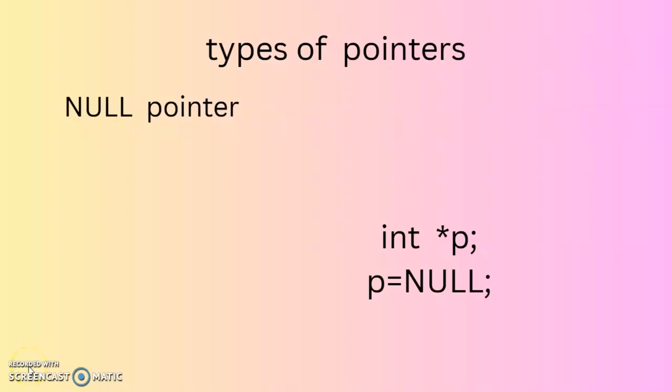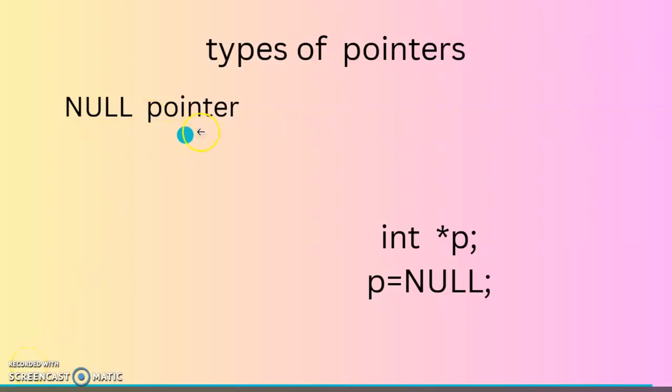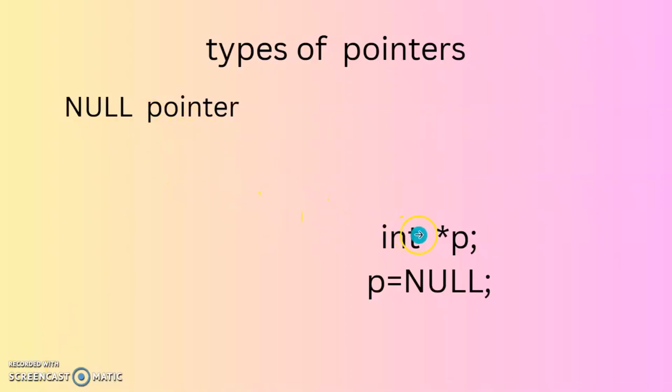Next, we are going to see null pointer. So what do you mean by this null pointer? This p is a pointer variable to integer data type, but I have not assigned any address of an integer variable to p. So till then I can temporarily make it p is equal to null.